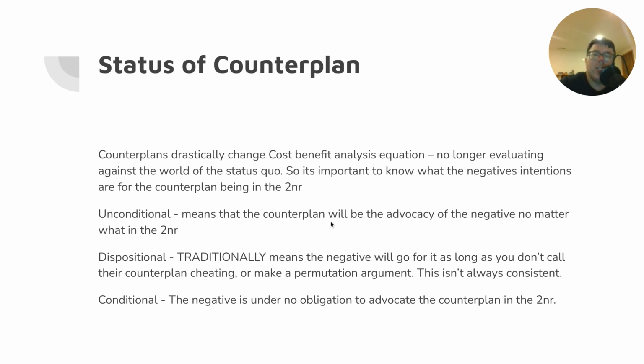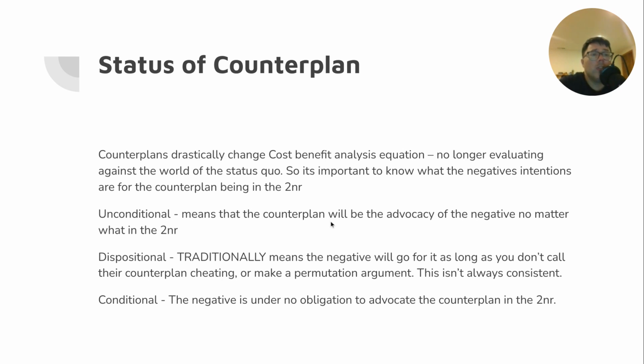So the three different statuses of a counterplan generally are unconditional. It means that no matter what happens in the debate, the advocacy of the negative will be the counterplan inside of the 2NR. Dispositional.